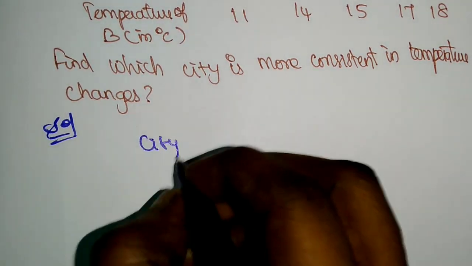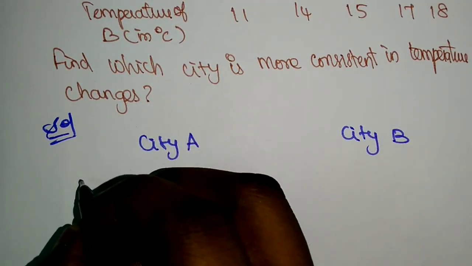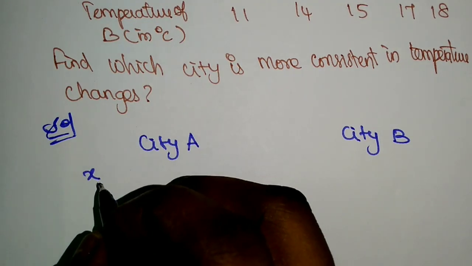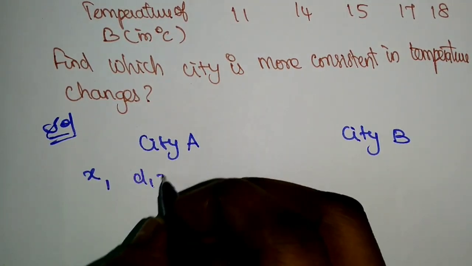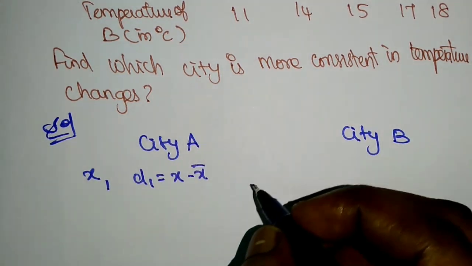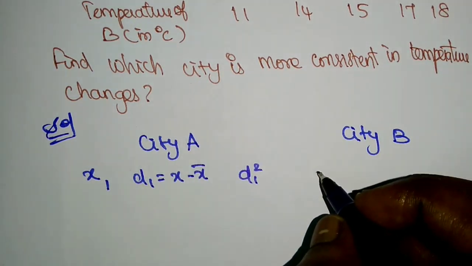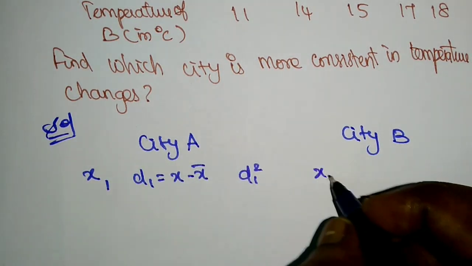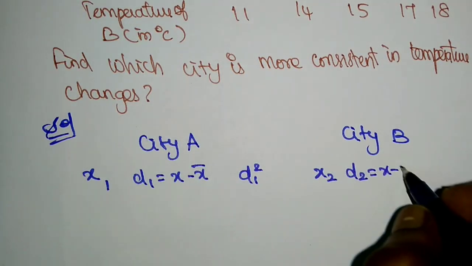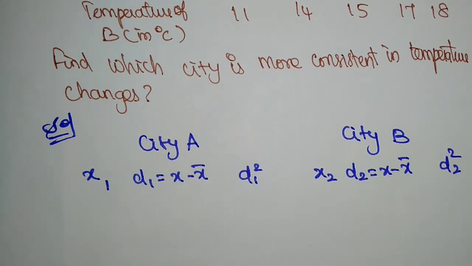For city A and city B, we make columns: x1, d1 is equal to x minus x bar, and d1 square. Now x2, d2 is equal to x minus x bar, and then d2 square.